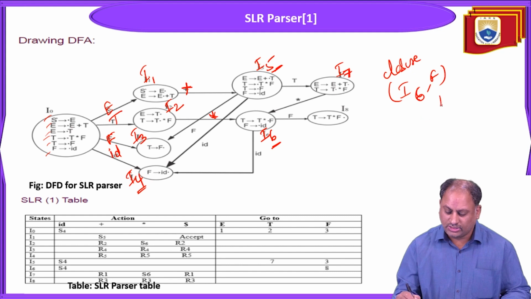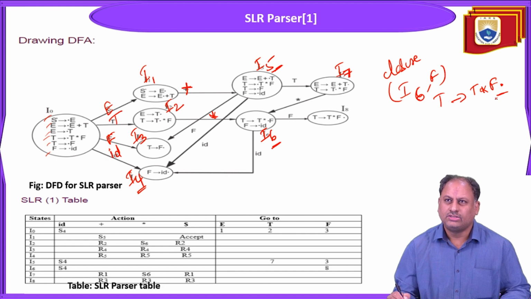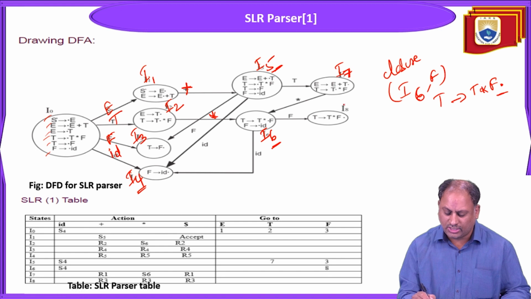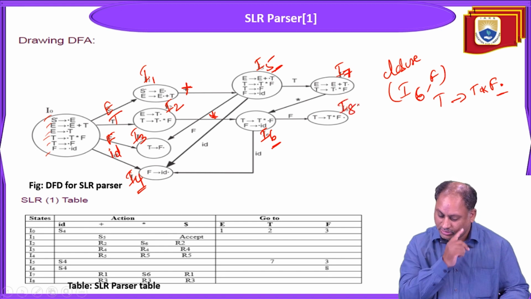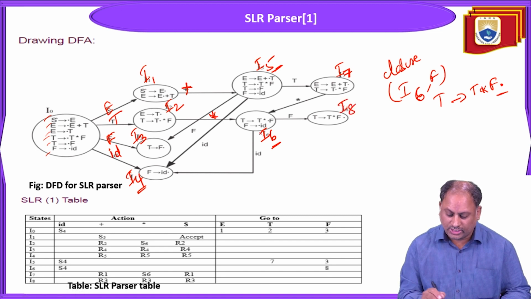What is the state here? T derives T star F dot. Here the dot has reached the end of the symbols, so there are no further symbols. We can stop this process and name it as a new state, I8. Whereas for the second, closure of I6 comma ID, we get F derives ID dot.